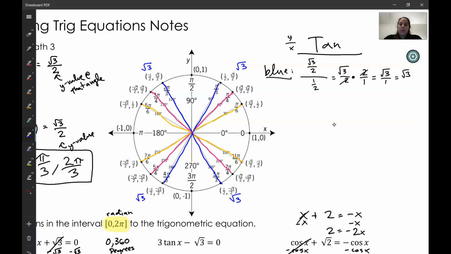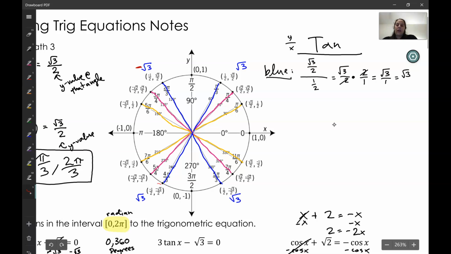Now, just like we did with the unit circle, the number's the same, but the signs will be different. So if we look at this, a positive y divided by a positive x is going to give us a positive answer. But if I look over here at this one, a positive y divided by a negative x is going to give me a negative answer.